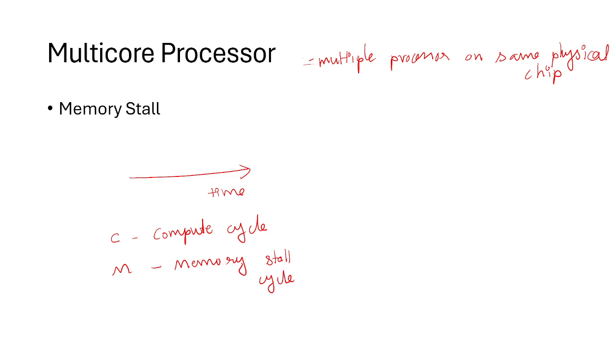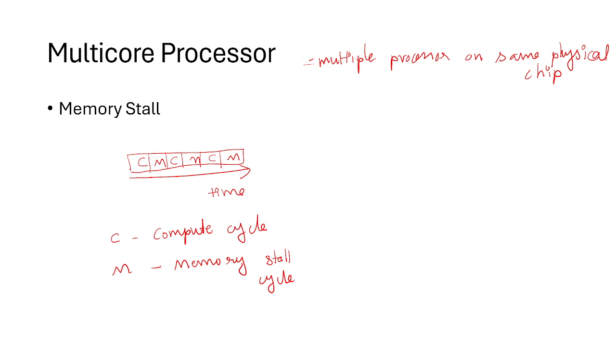The execution first starts with a compute cycle, then it waits for data in a memory stall cycle. Once the data is available, it again enters the compute cycle. Out of 100% of its execution time, 50% is spent on memory stall, waiting for memory to get the data.